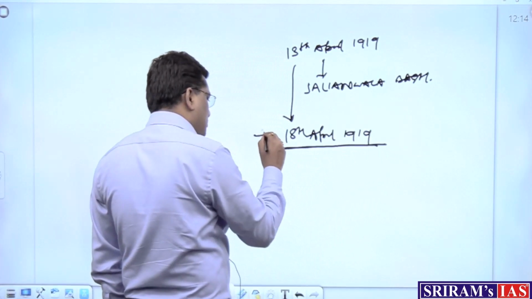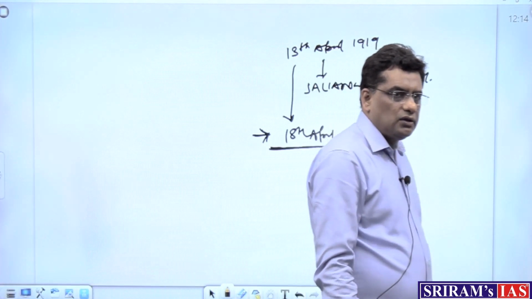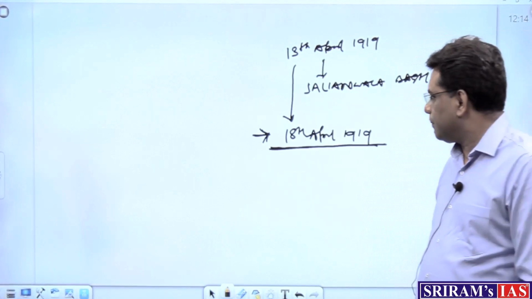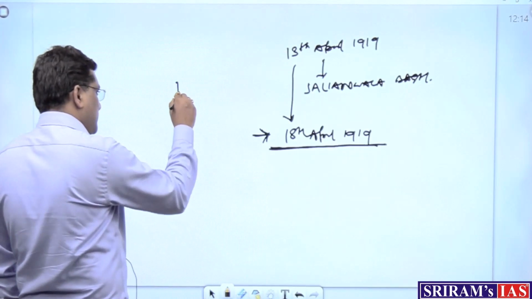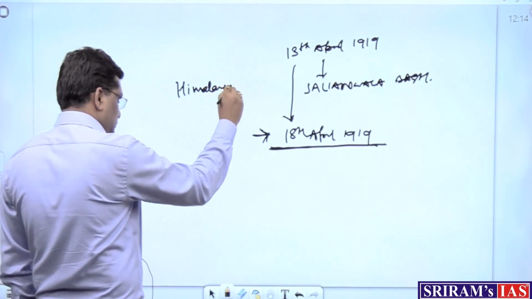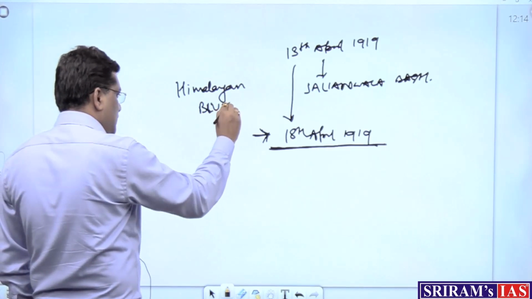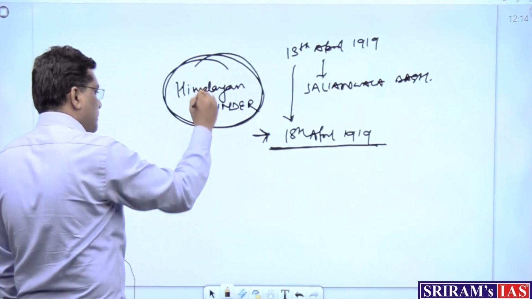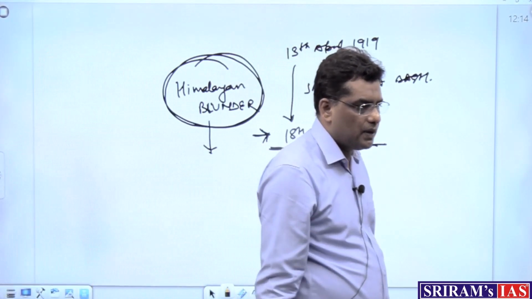Gandhi said that the masses in India were immature and the leadership of Congress was untrained. Therefore, launching a mass movement was a Himalayan blunder. So Gandhi called this Satyagraha a Himalayan blunder. So he decided to take back the Rowlatt Satyagraha.